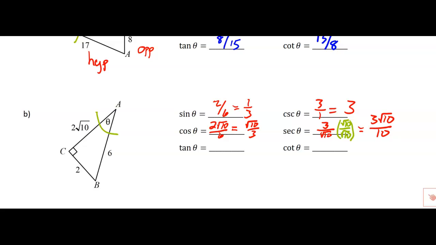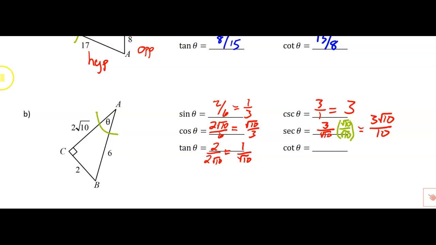Get the tangent. Okay, and that turns into, reduced, 2 over 2, so 1 over root 10.